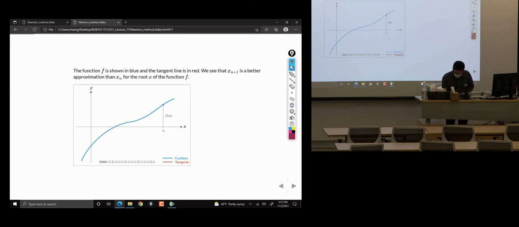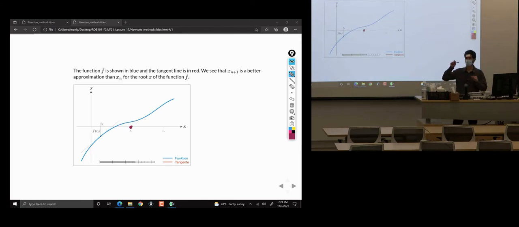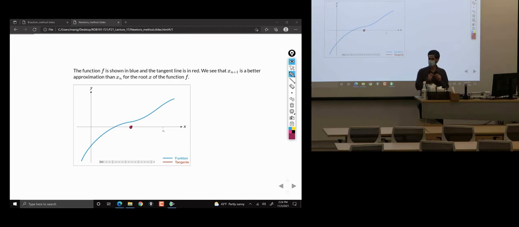So we start from x1, find the function, find the tangent line, and whenever your tangent line crosses the x-axis, that's your next guess. So what does it mean? What's the idea behind it? We pick a point, find a line that is tangent to my function, see where that line becomes 0, and that's your next guess, and keep doing that.